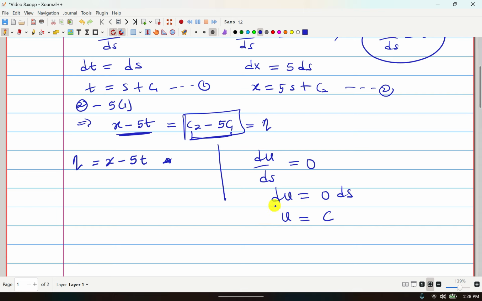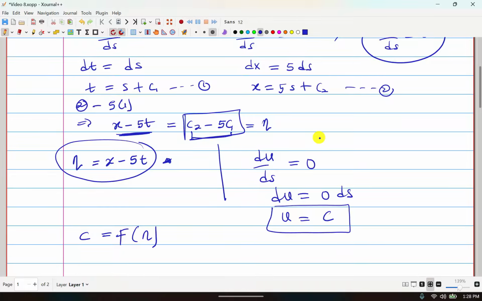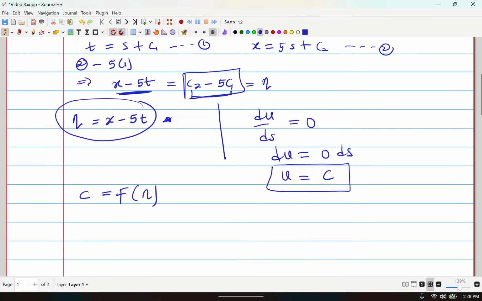So the solution is constant along characteristics, and this c must be a function of that expression. So c is a function of eta, and eta is x minus 5t. So the solution u of x, t is equal to f of x minus 5t.